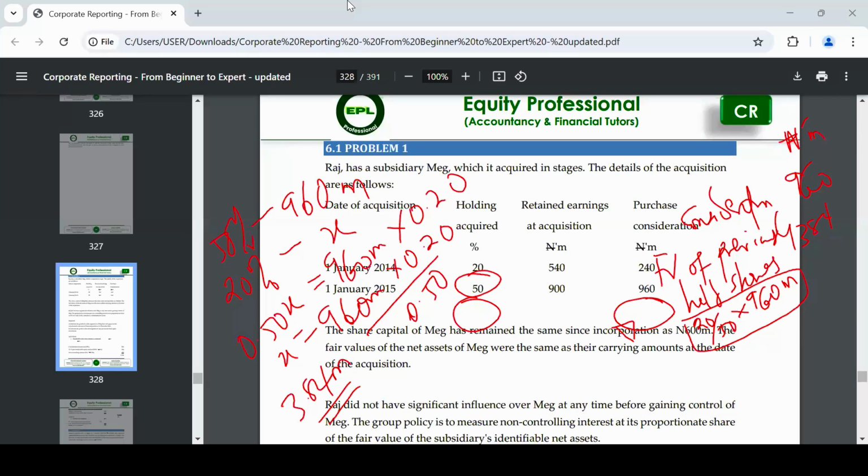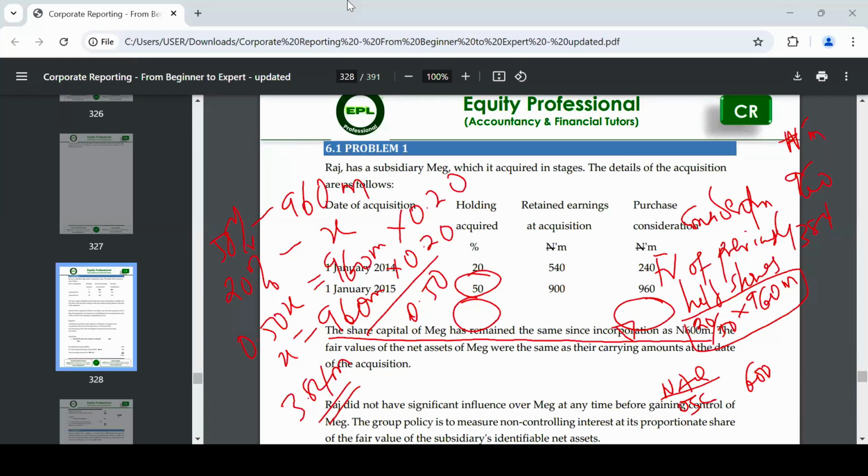We were told that the share capital of MEG has remained 600 million. So when I come here, net assets acquired, I will have OSC, 600 million.